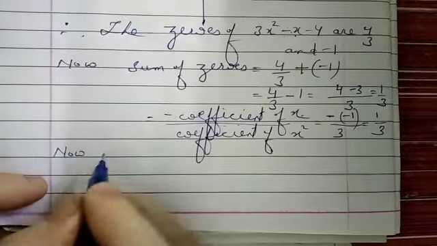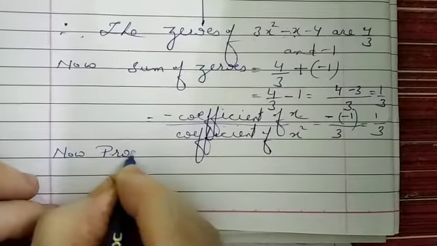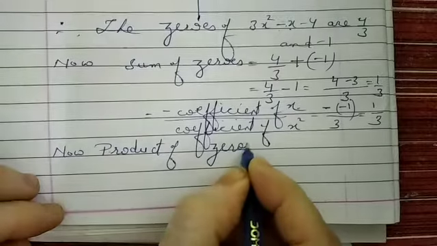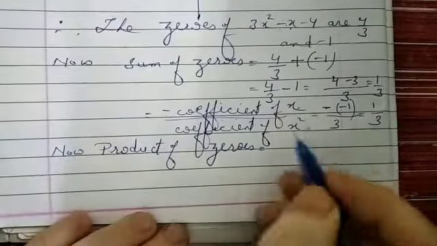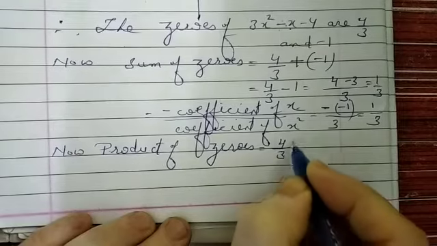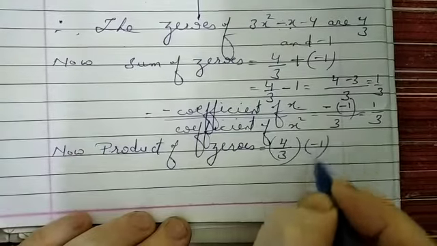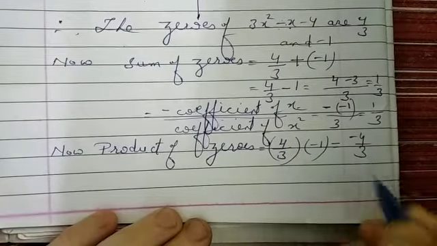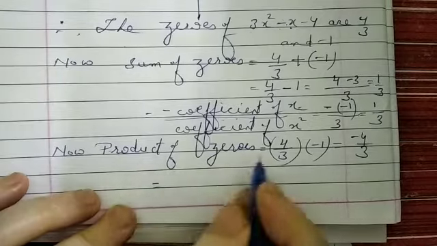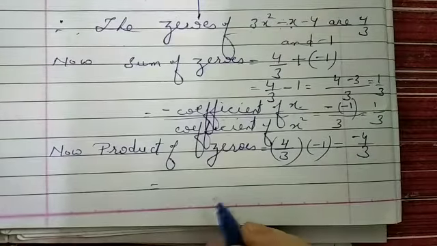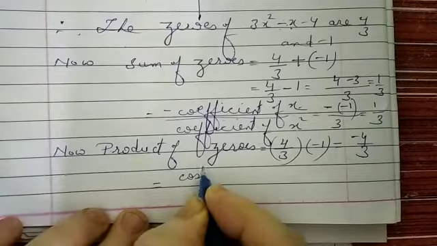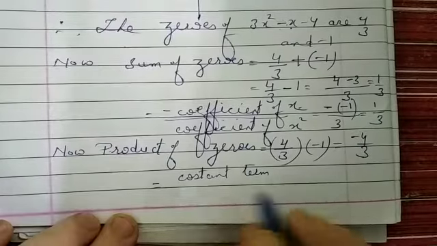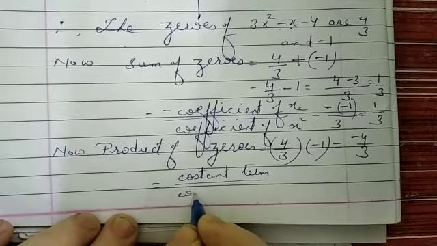And now find the product. Now the product of zeros. What are the zeros? We have already found them: 4 by 3 and minus 1. If you multiply, you will get minus 4 by 3, and that is equal to the product of zeros, which is the constant term divided by coefficient of x square.